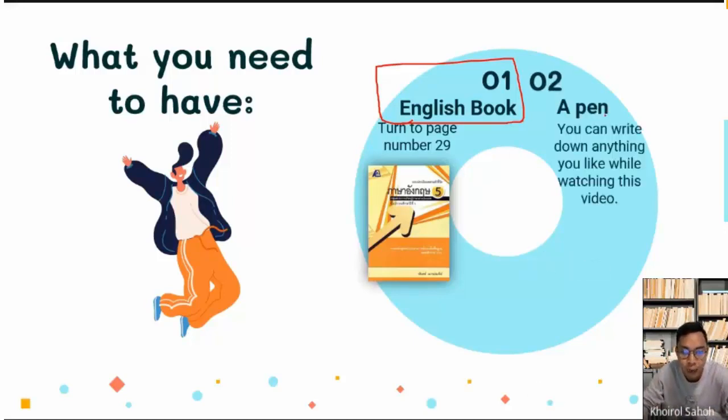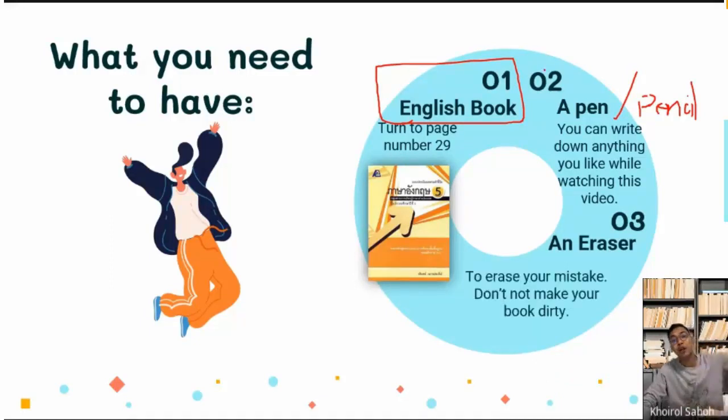And also a pen or pencil so you can write down anything you like while you're watching this video. All right? And this one, eraser. Of course, you have to have it because you can erase your mistake and do not make your book dirty. Now, keep your book clean.